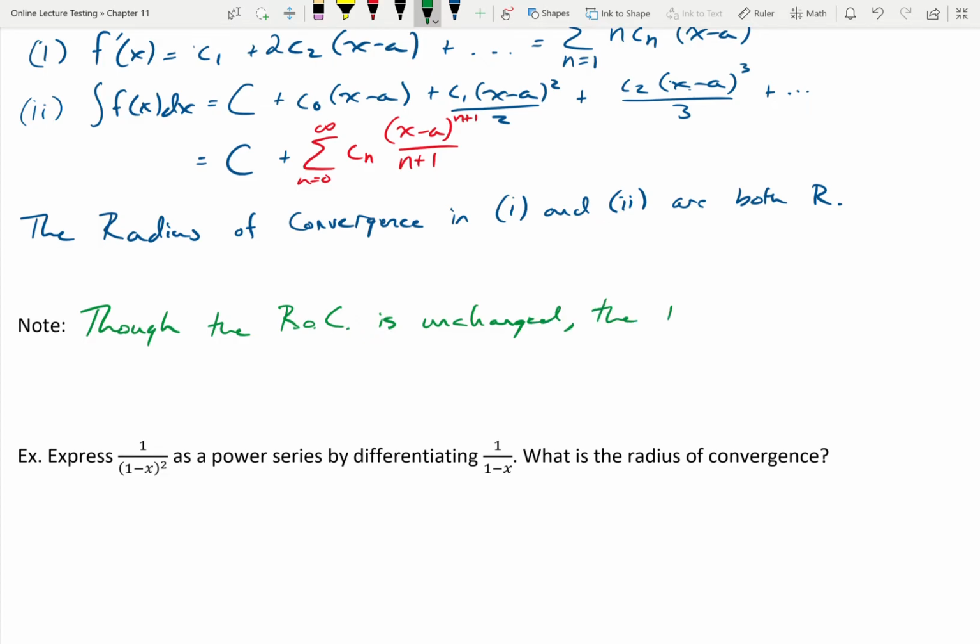the interval of convergence could change when integrated or differentiated, because we are changing the parameters of the problem in that case.